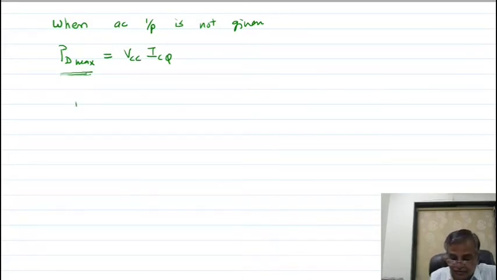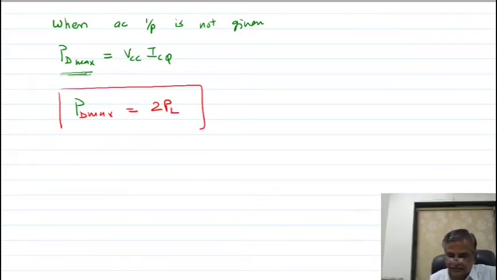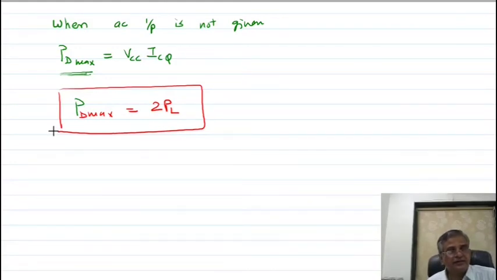The relation between PD max and the AC power delivered to the load is given by this equation. PL is the AC power delivered to the load.